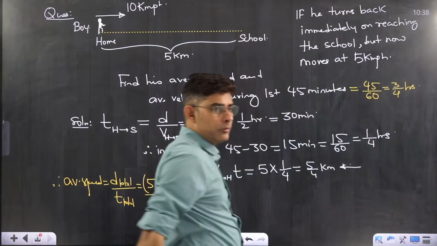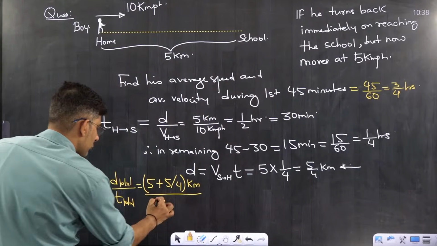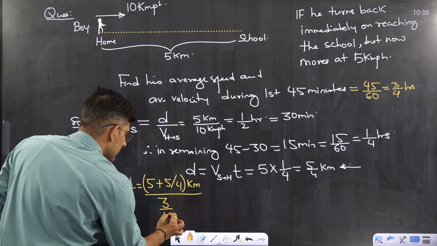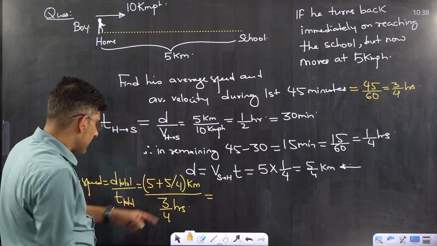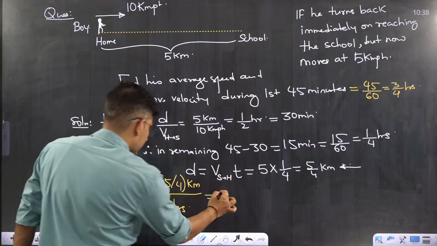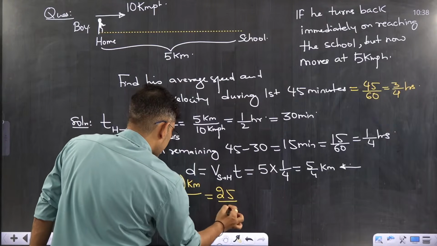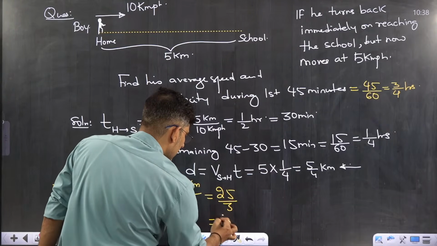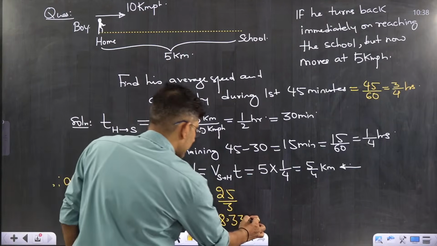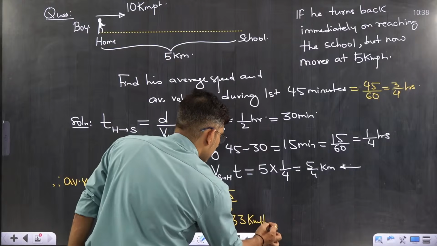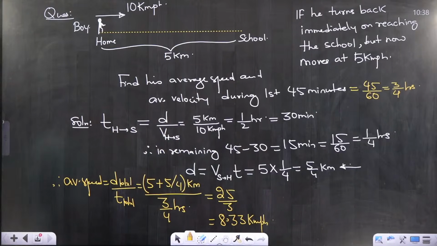So here we have total time as 45 minutes, 3 by 4 hours. Taking the LCM, 5 4s are 20 plus 5 is 25, and the 4s cancel, divided by 3. We got the correct answer, 8.33 kilometers per hour. This is the average speed, 8.33.